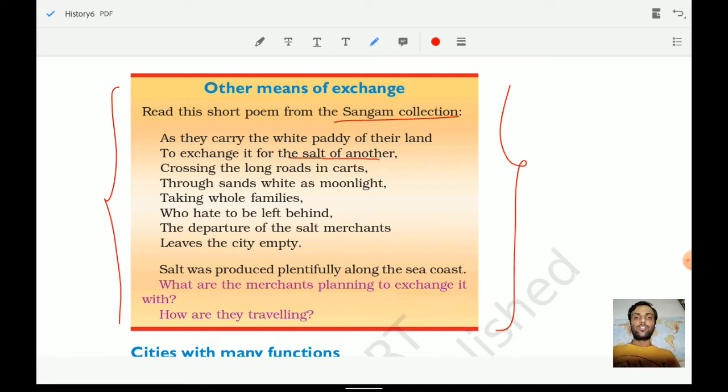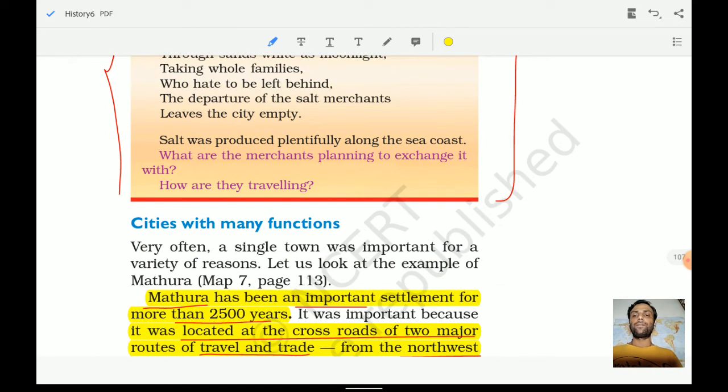Different traders used to bring salt to another area, and they must have collected the grains or whatever these people required for their daily consumption. So this was the barter system.